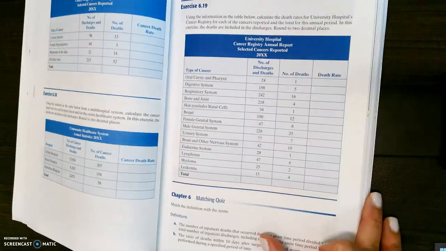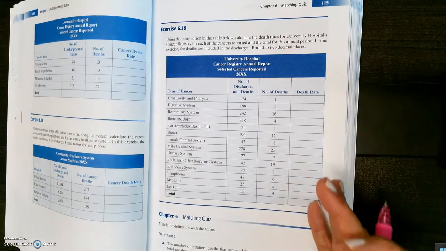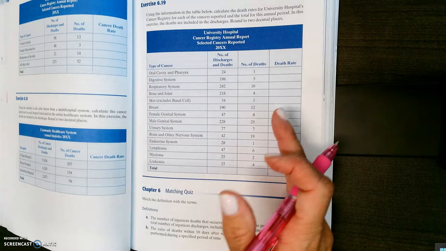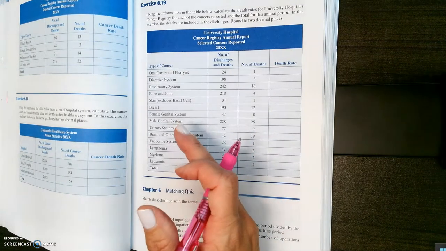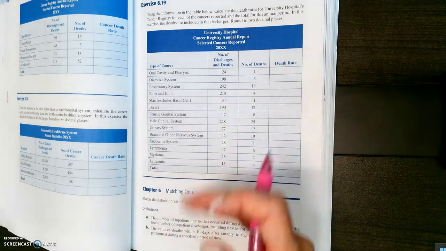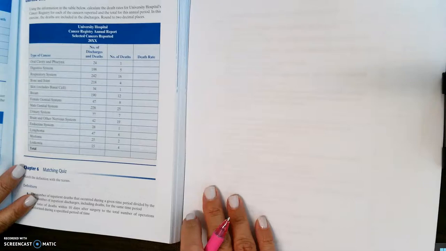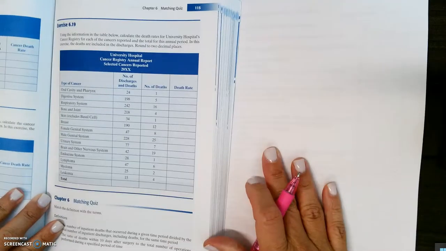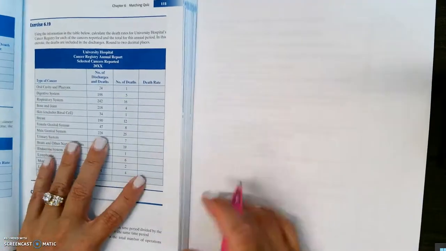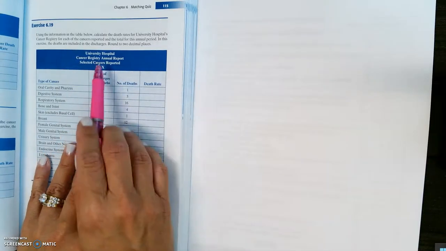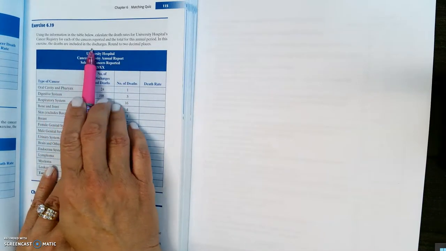6.19. Still the same. You're asked to calculate the death rates for the individual types of cancer. So I will set the first one up on 6.19. Remember, you have the setups and the answers in the back of the book, but we'll go through it here. So deaths are included in the discharges.